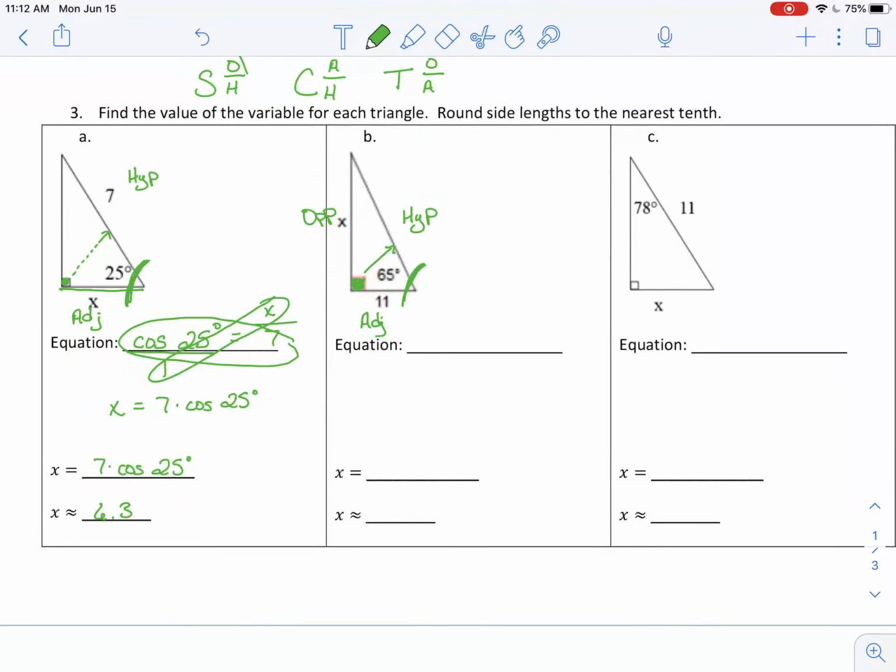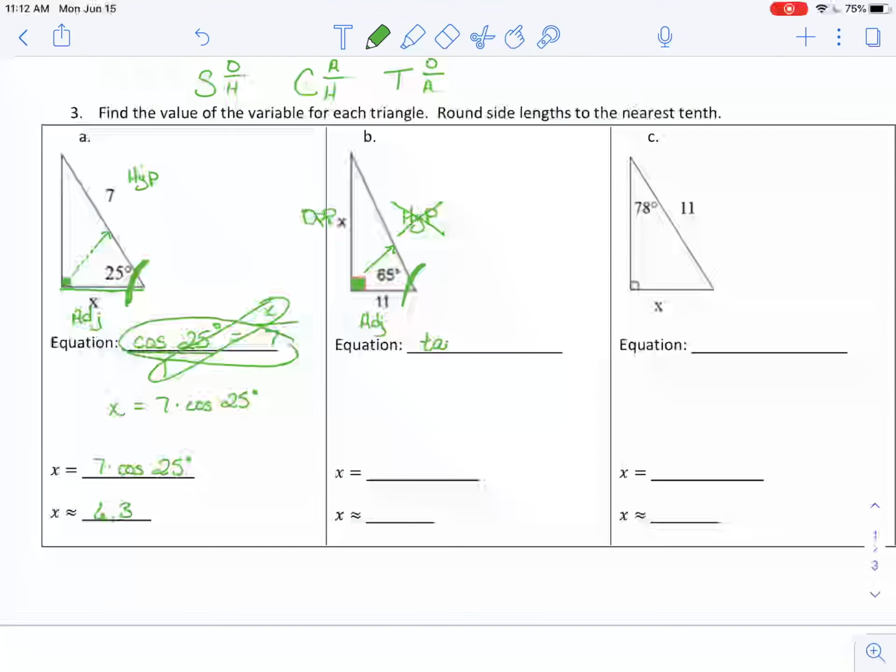I don't need 3. I need either O and H, A and H, or O and A. So I got to figure out which one isn't used. And the only one that doesn't have a variable or a number is the hypotenuse. We don't need the hypotenuse for this problem. And if I look at my shortcuts, SOHCAHTOA, the only one that doesn't have an H in it is tangent.